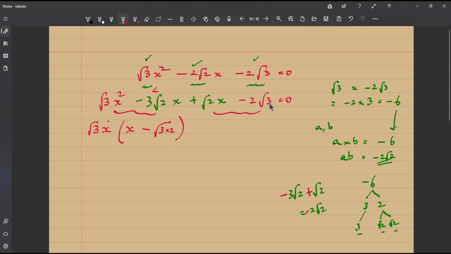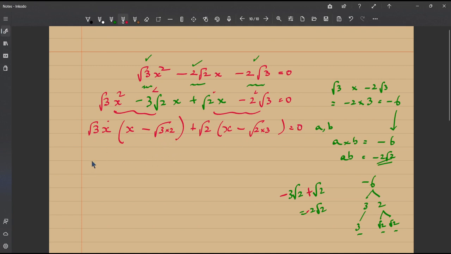And what about the second group? You have a root 2 here and a root 2 here also, because it can be split as root 2 into root 2. So let's take out the common factor root 2, plus root 2, and what is within the brackets is the same, x minus root of 2 into 3, which is equal to 0. Now what is root 3 into 2?